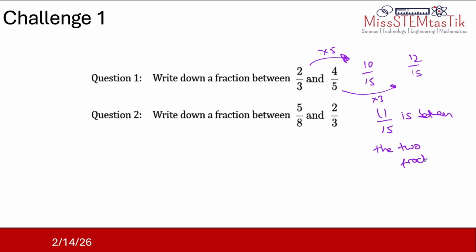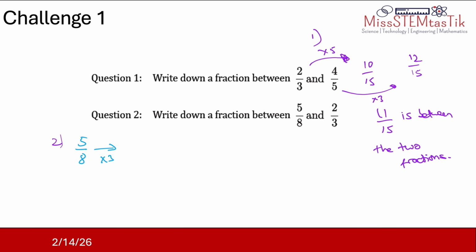Question 2. Write down a fraction between 5/8 and 2/3. Now, looking at these two, I can see that 8 and 3 have a lowest common multiple of 24. So if I multiply the first fraction by 3 and the second fraction by 8, I can then get two fractions with the same denominators that I can compare. So 5/8 times 3 will become 15/24.